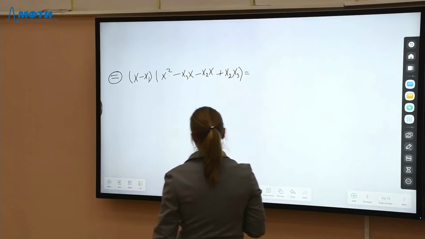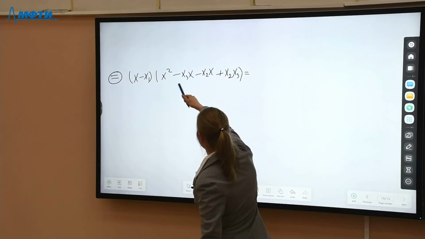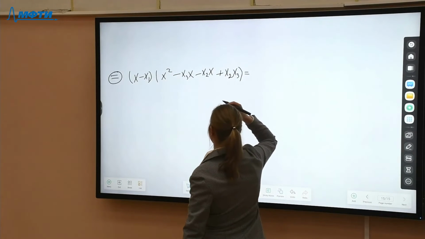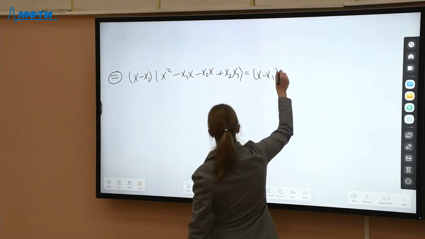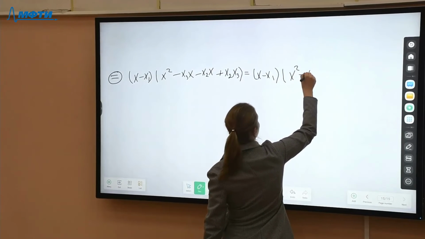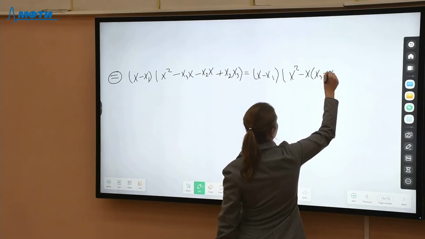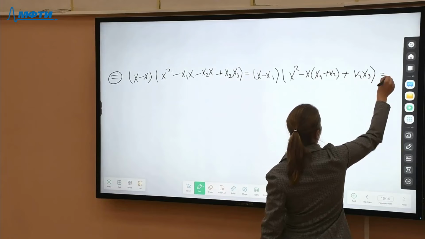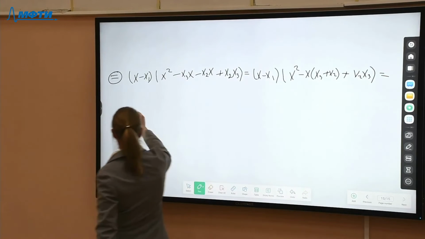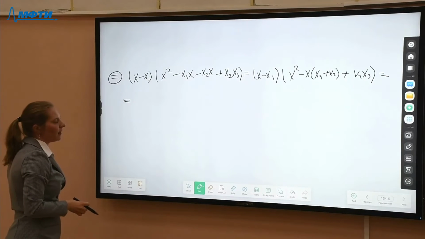Now I can represent this in the form x squared minus x times (x3 plus x2) plus x2x3. Then again, we need to multiply two polynomials.